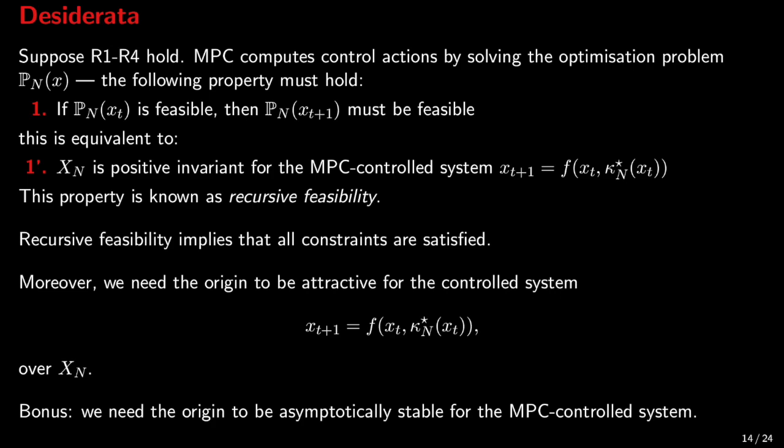Sometimes we will not be able to prove asymptotic stability. So that's why we call this requirement a bonus requirement. So the typical requirements are that the formulation we will come up with must be recursively feasible, and the origin must be attractive for the controlled system over the set of feasible states.